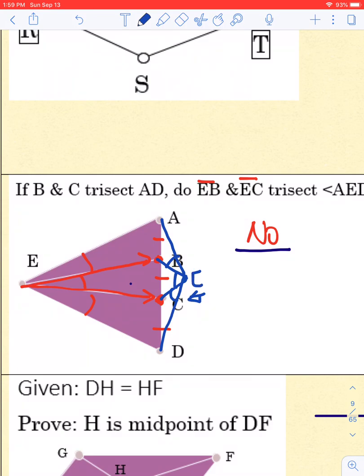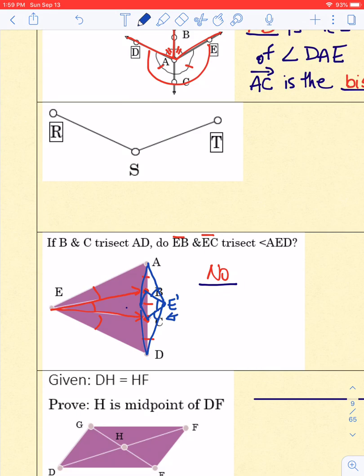I'll call that E prime, since it's not the real E, I'm just moving it closer. If you were to bring it in super close, you would see that that would be quite obtuse in comparison to the other two. So it is not a trisection. Be careful about the things that we assume that are not mentioned.